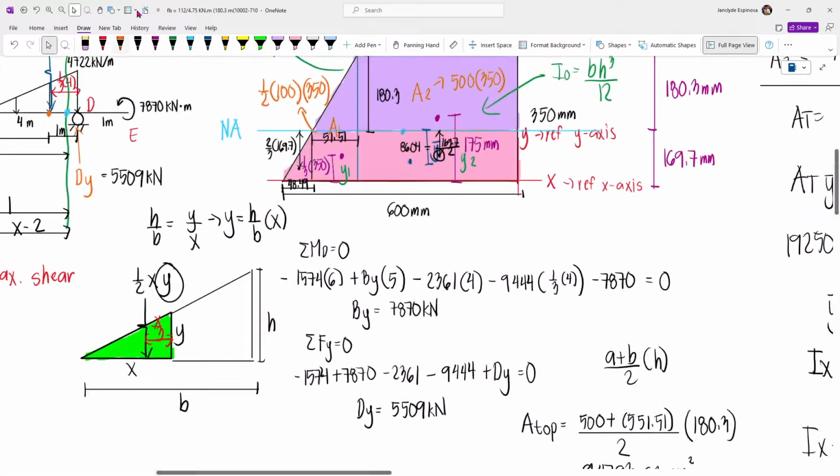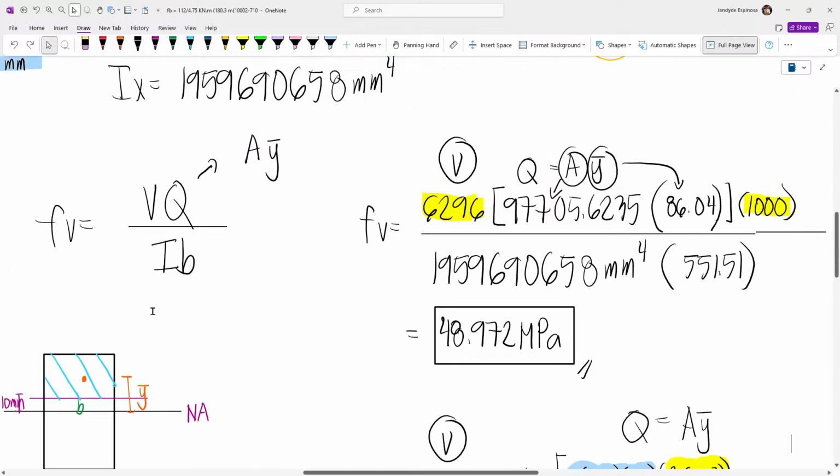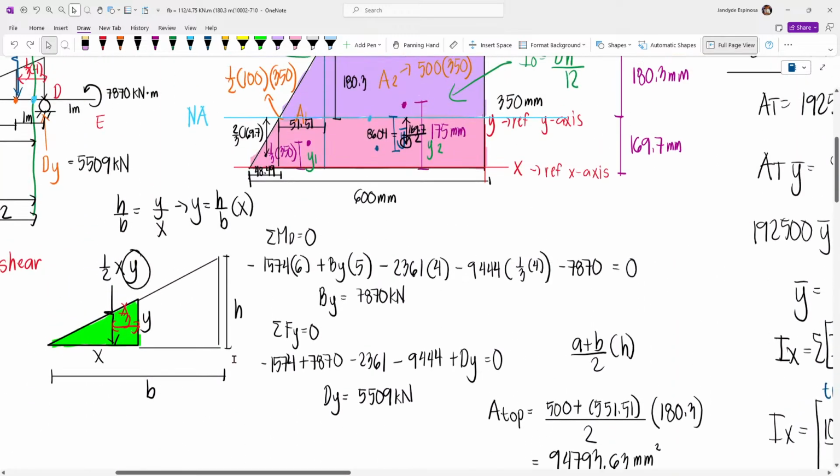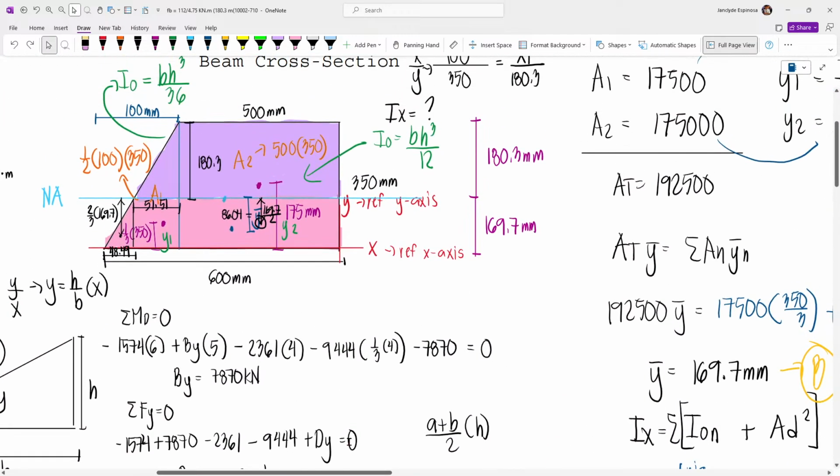Now, how about the rectangle? The base is 551.51 multiplied by the vertical distance, which is 169.7.